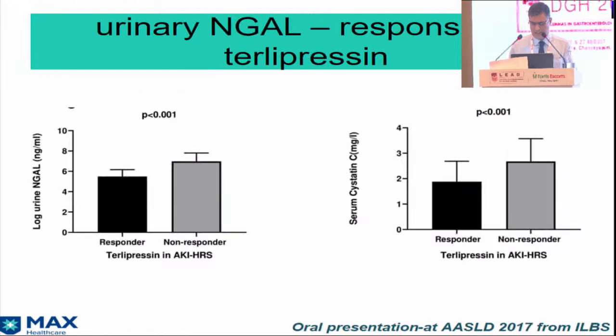And this is one study, I got the slides from Dr. Rakhi. It's her study in which they used NGAL to differentiate between ATN and HRS, and patients who would respond or not respond to vasoconstrictor. Patients who had higher urinary NGAL were more likely to be non-responders to vasoconstrictor.